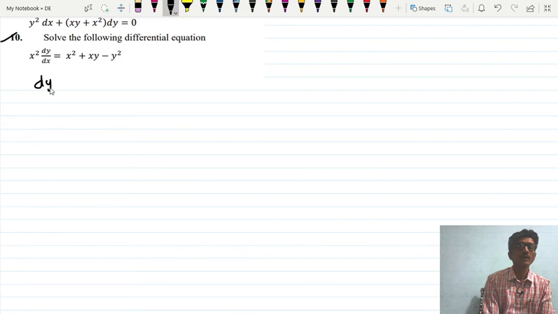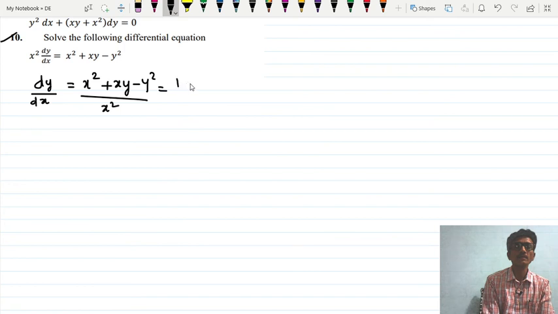dy by dx equal to x square plus xy minus y square upon x square. You can further simplify it: 1 plus y upon x minus y upon x whole square.